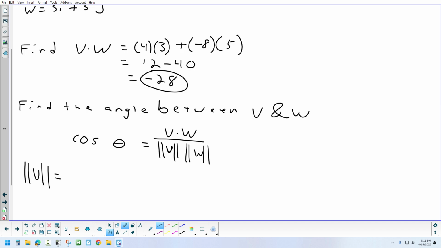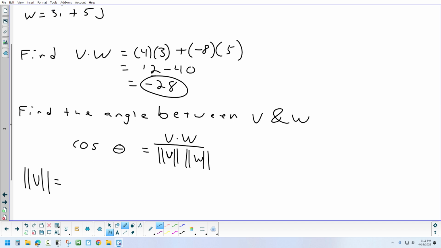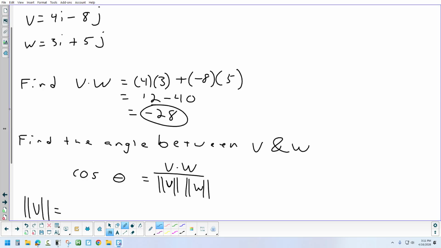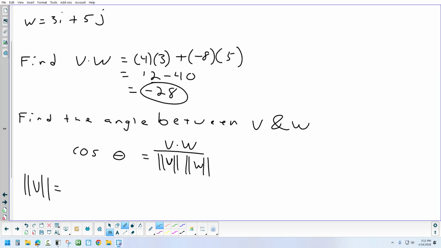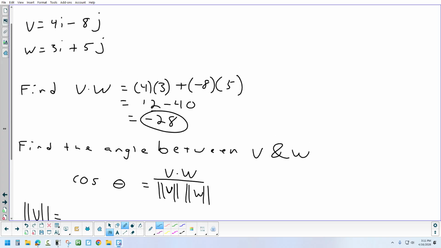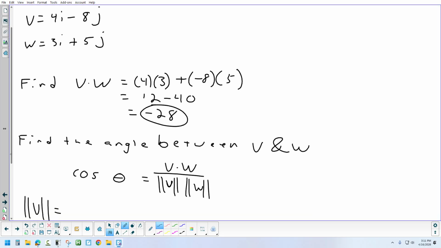Alexis, how would I find the magnitude of V? You do the square root of 4 squared.